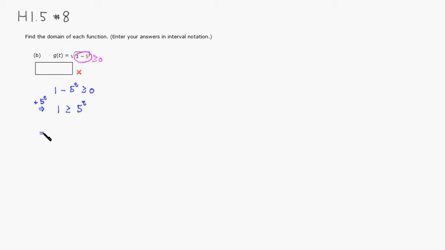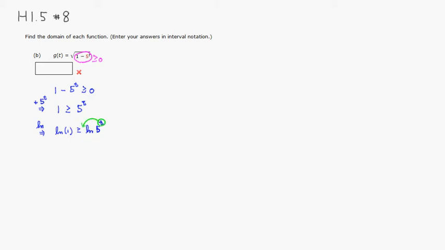If you take the natural log of both sides, we get natural log of 1, which is 0, is greater than or equal to natural log of 5 to the t. Using the property of a natural log, we can move the exponent in front.